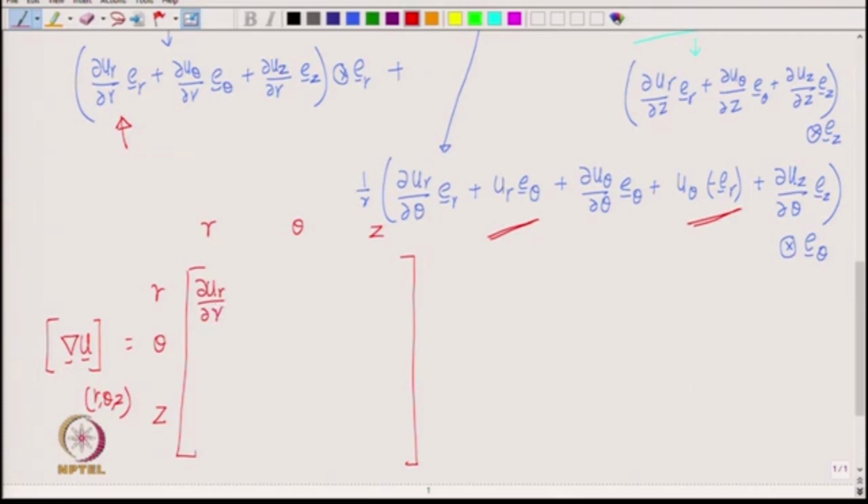Okay. Let us think of E theta tensor product E theta. So, where is that? So, you can see we have two of them here, and both of them will then show up here, and it becomes 1 over r of del u theta over del theta plus u r. Finally, for E z tensor product E z, so that is the term here.